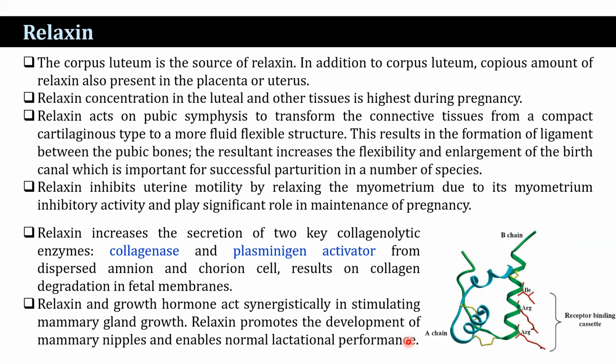Relaxin increases the secretion of two key collagenolytic enzymes, collagenase and plasminogen activator, from dispersed amnion and chorion cells. This results in collagen degradation in fetal membrane. Relaxin and growth hormone act synergistically in stimulating mammary gland growth. Relaxin promotes the development of mammary nipples and enables normal lactational performance.